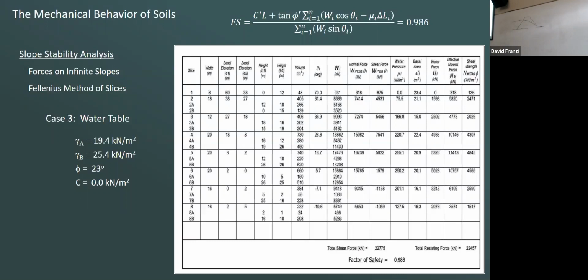If I had put back in that negative value here, it would have raised the factor of safety because it would have decreased the shear stress. Think about what it's doing. When I put a negative shear force on there, it's going to decrease the overall shear stress. Okay, so that's not good. That's very, very bad.